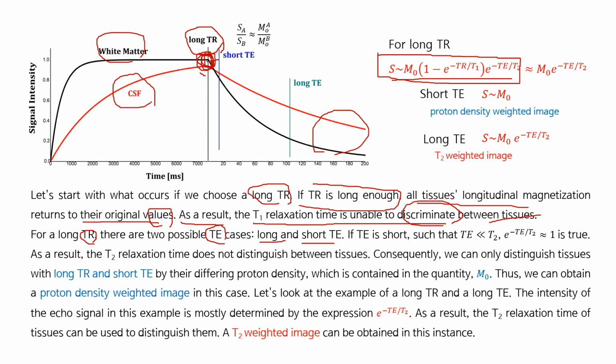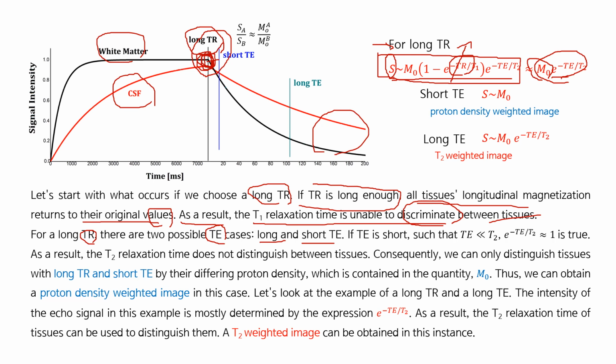For long TR, this term will vanish, right? So the leftover form is given by this. So for long TR, the signal intensity is proportional to M0 exponential minus TE over T2.